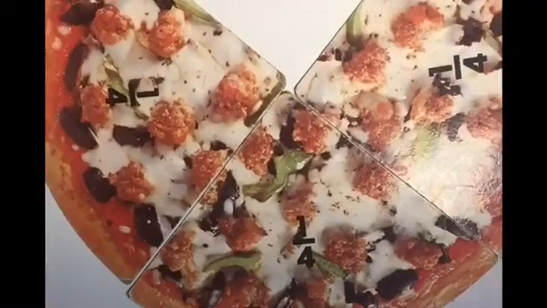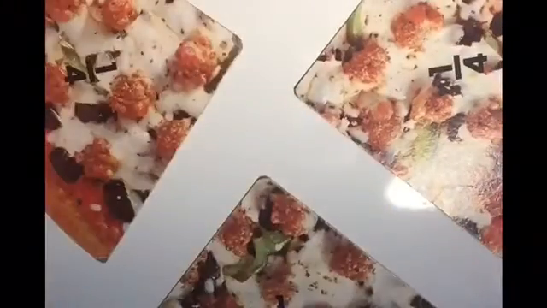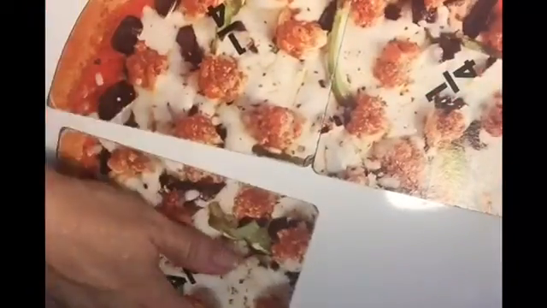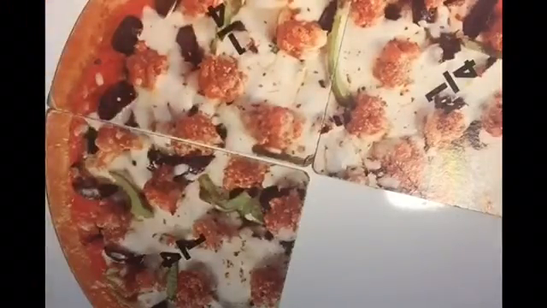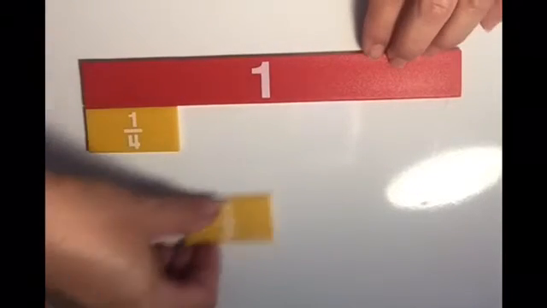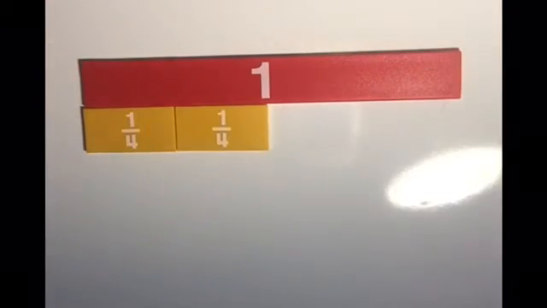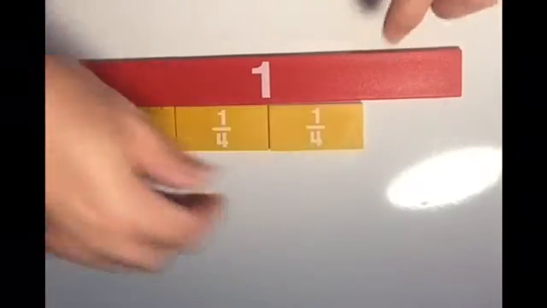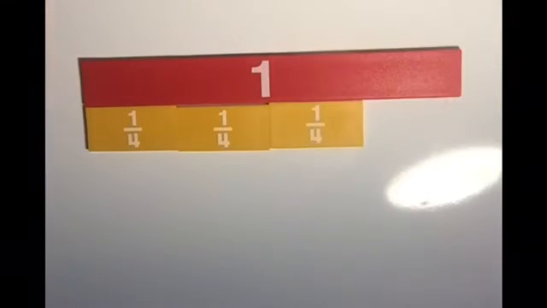And that would be going like 1/4 plus 1/4 plus 1/4 equals, oh yes, you guessed it, 1 plus 1 plus 1 is 3. We have 3/4 of pizza. If we didn't have a pizza in front of us, we could say, oh, here's a 1 whole. And we have 1/4 plus 1/4 plus 1/4 equals, you guessed it, 3/4.